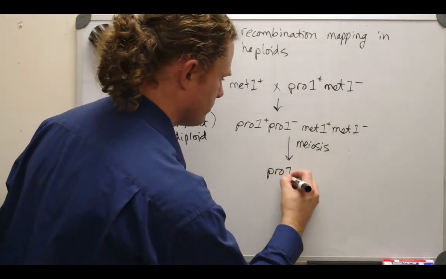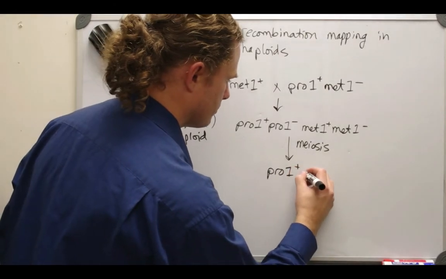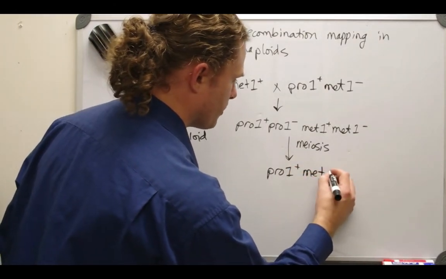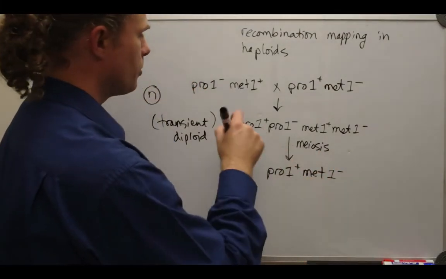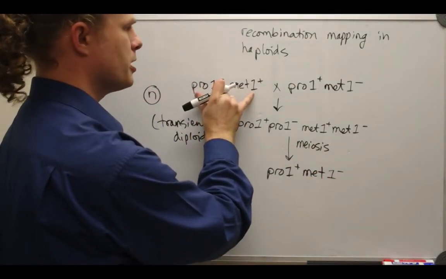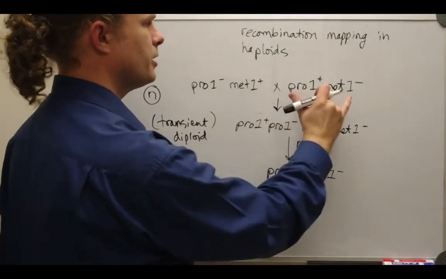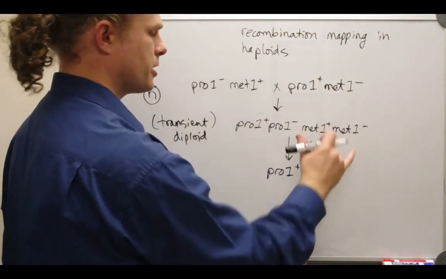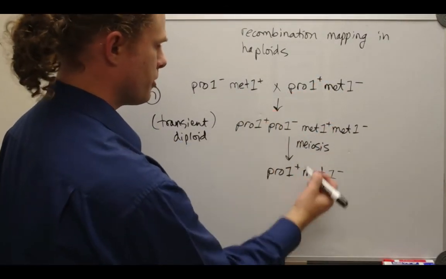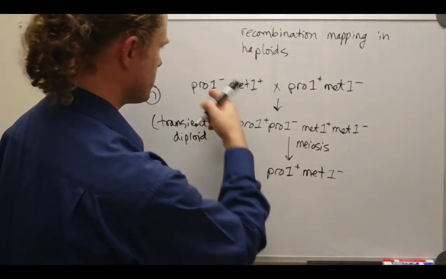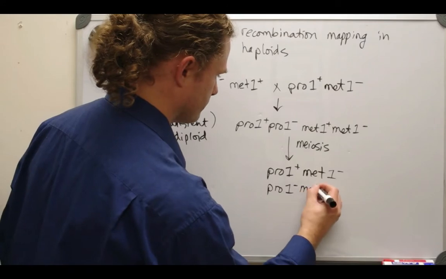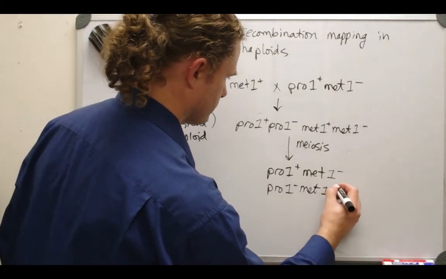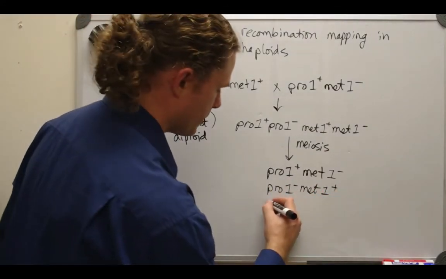So we can sketch out the 4 different possible outcomes. Let's start with the 2 non-recombinant ones. Okay, so that was one of the inputs to the transient diploid. That's another one of the inputs to the transient diploid. So we'll start with those. So there's the one input there. Let's do the other one here. Then there are the two recombinants.